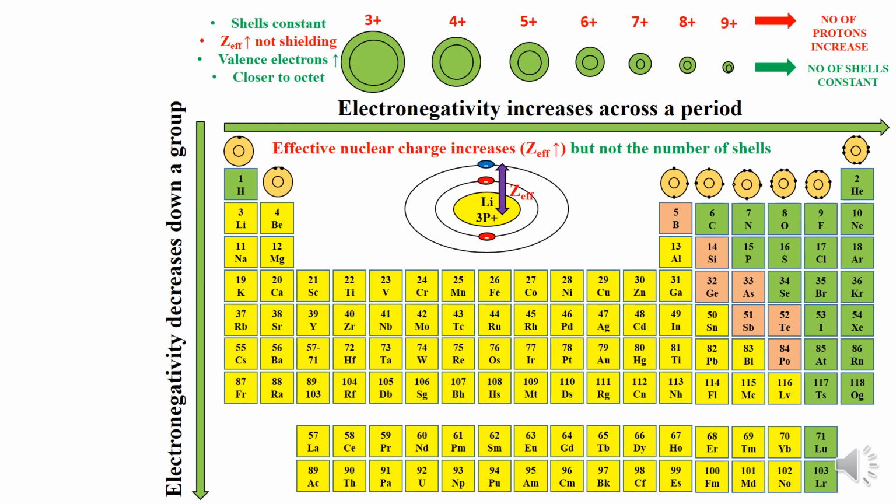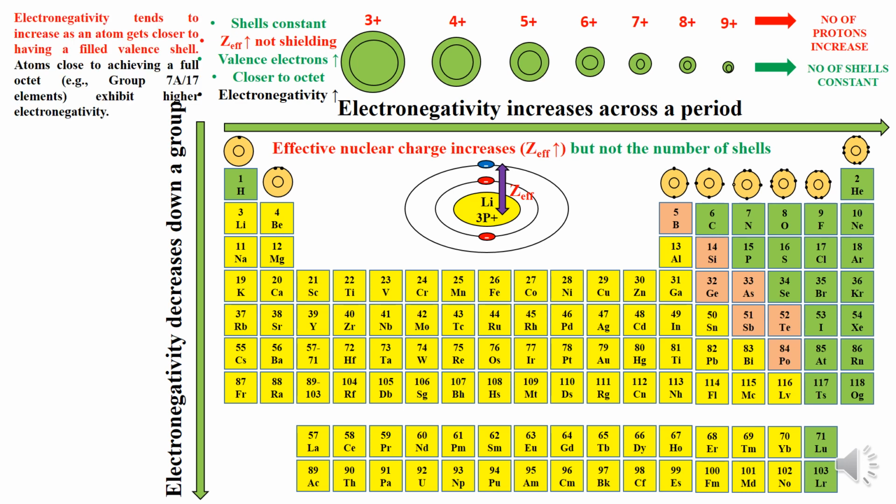Valence electrons increase as you go across a period, and as the atoms are approaching towards the noble gas group, they are very close to the octet. And that is to say, they are very close to achieving the octet, filling their outermost shell. And therefore, the electronegativity value increases across a period as you move from left to right.